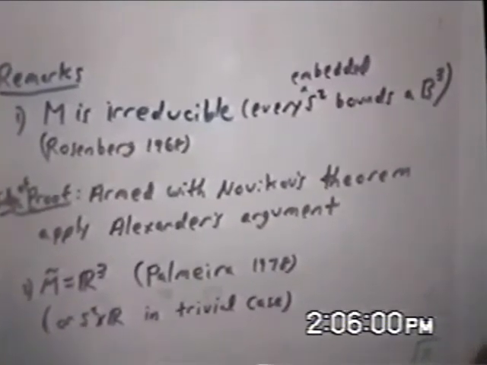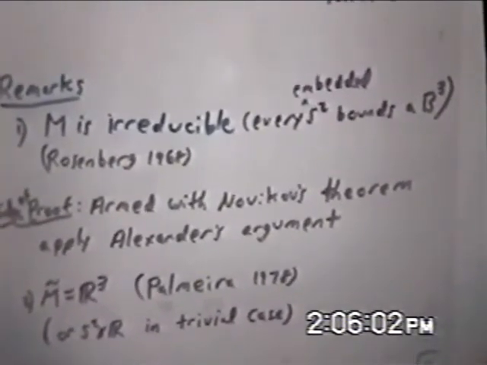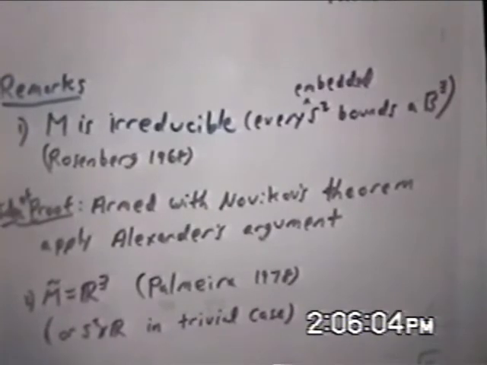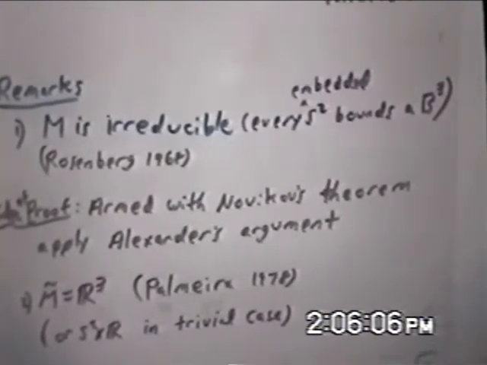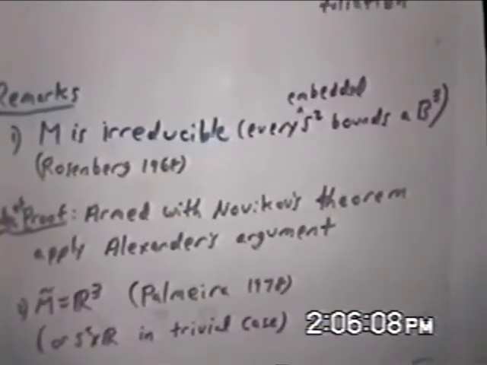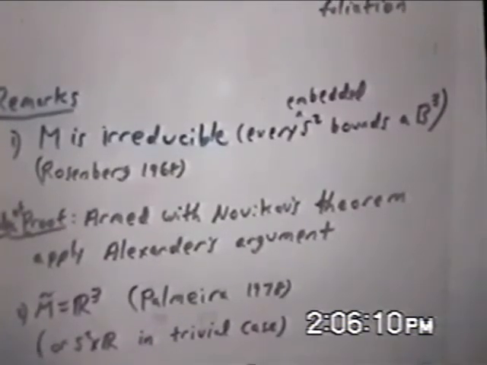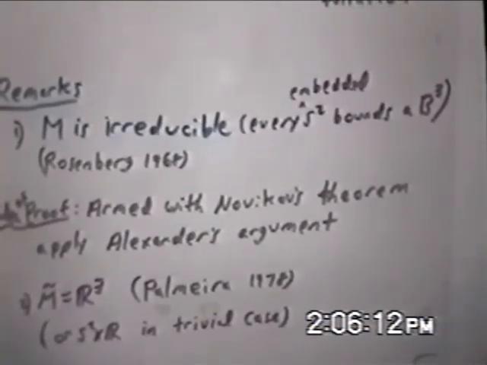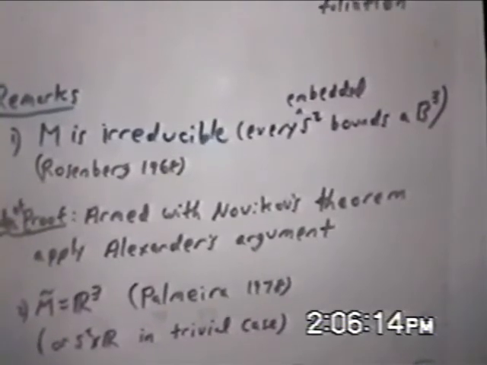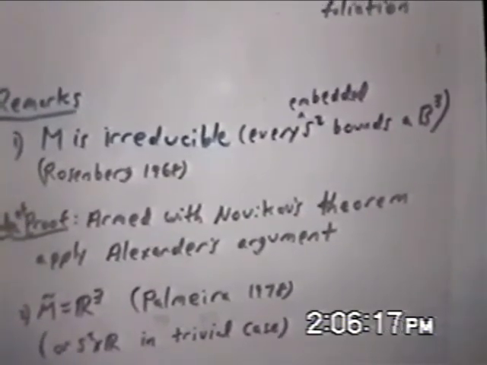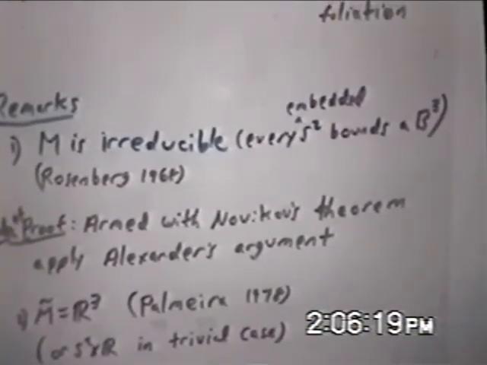And basically the idea is, if you know Novikov's theorem, or at least you know its proof, and you know Alexander's theorem, then you just run Alexander's argument. So you have this 2-sphere living inside this 3-manifold, and you try to isotope it away.